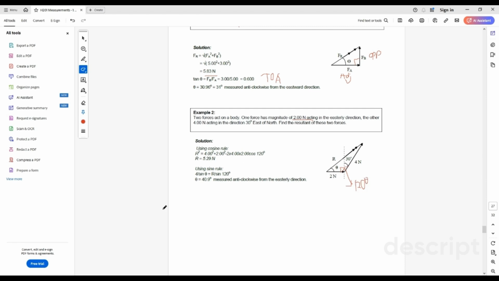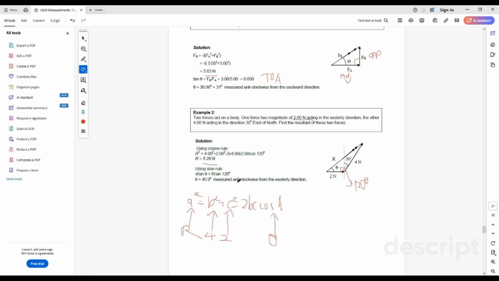Using the cosine rule, a squared equals b squared plus c squared minus 2bc cosine A, where a is R, b is 4 newtons, c is 2 newtons, and A is 120 degrees. We can just substitute to find the resultant force as 5.39 newtons.